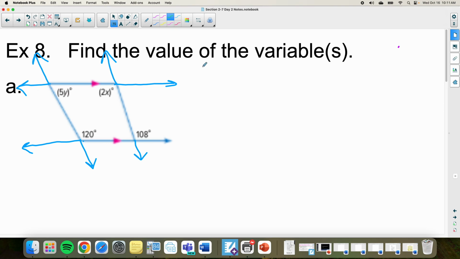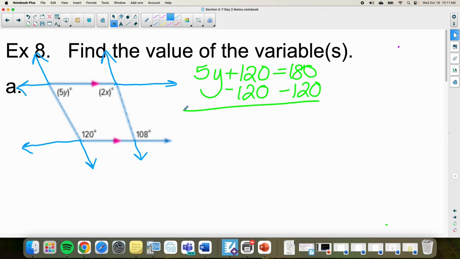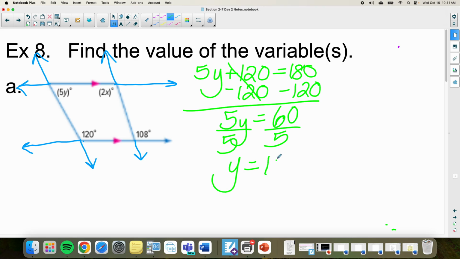So I can go 5y plus 120 equals 180. Then I'm going to subtract 120, and I get 5y equals 60. Divide by 5, and y is 12.